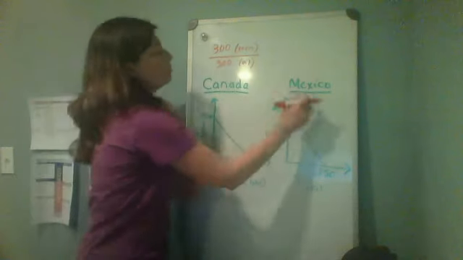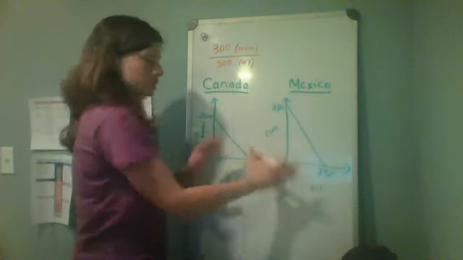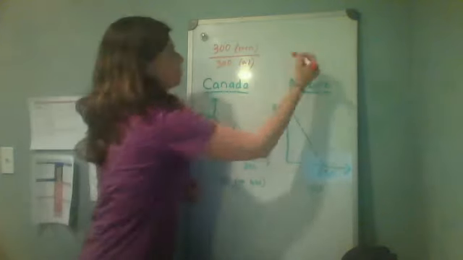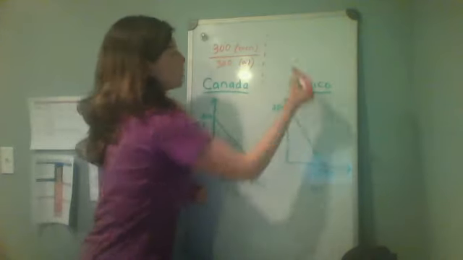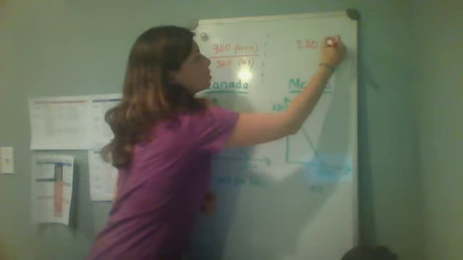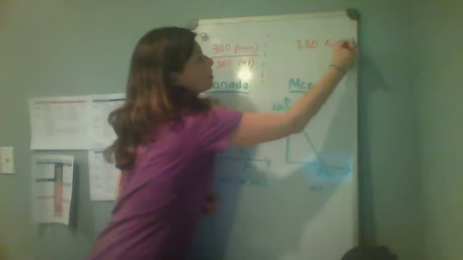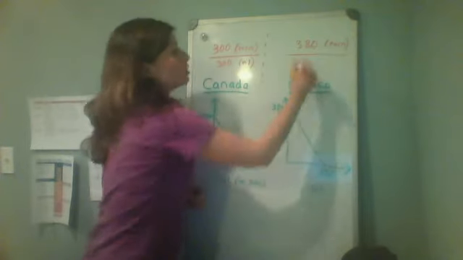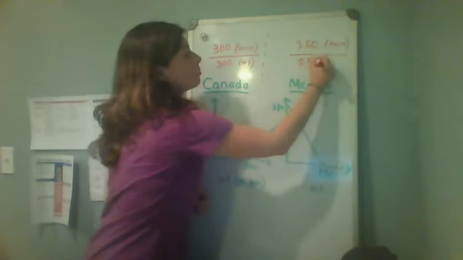In Mexico, you see different numbers. So we're going to see which opportunity cost is lower. In Mexico, they have to give up 380 million bushels of corn to get just 250 barrels of oil.